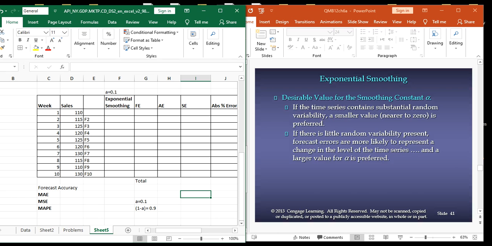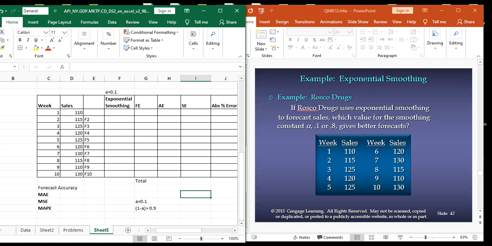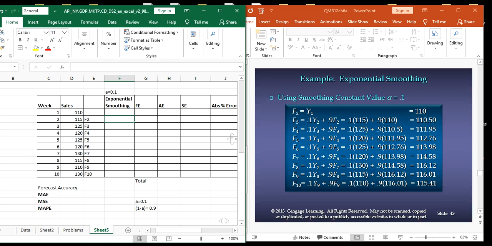Let's see how this works. For the case of simplicity, we can see the details of them. Here we put Y over here, because we don't have a previous forecast in F2.